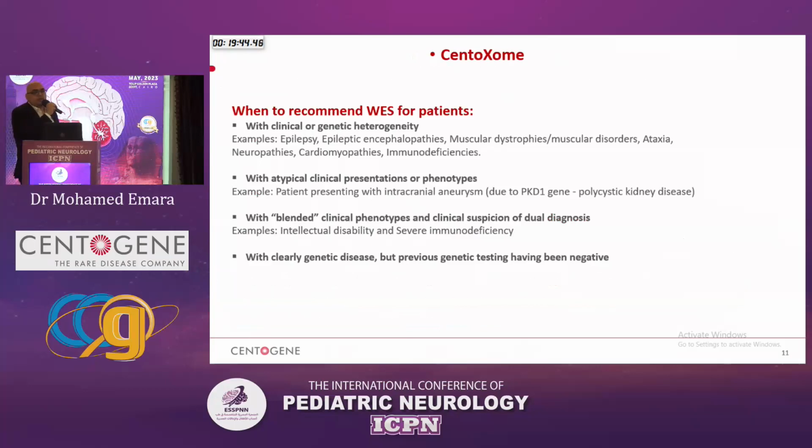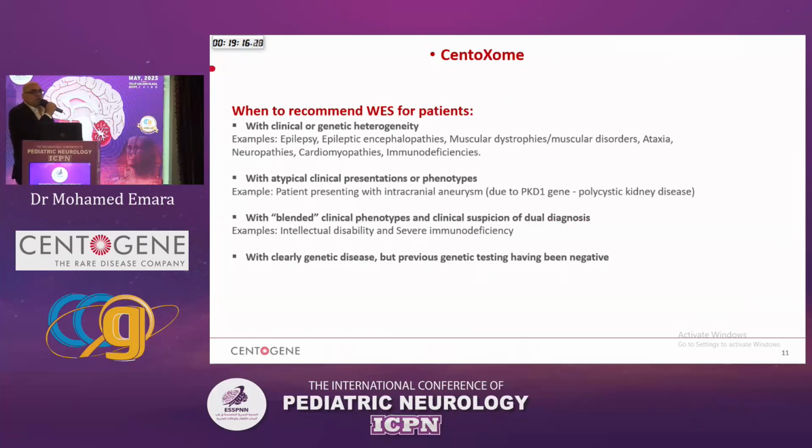If the panel is inconclusive for the patient and the physician needs to go to whole exome, when do we recommend whole exome for a patient? We can recommend whole exome if we have clinical or genetic heterogeneity. Examples are epilepsy and epileptic encephalopathies, muscular dystrophies and muscle disorders, the different types of ataxia, neuropathies, cardiomyopathies, immunodeficiencies.